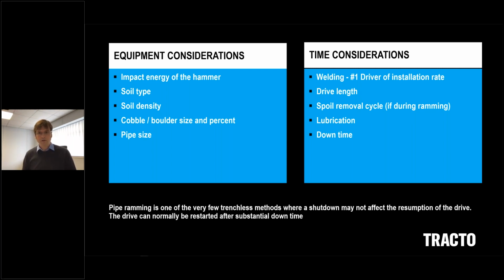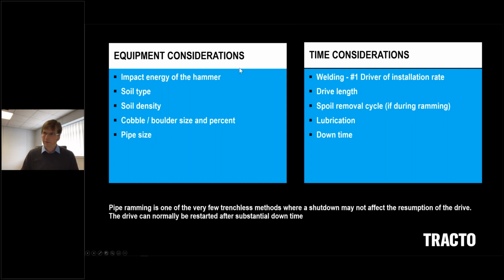Therefore, we cannot ram through solid rock. And secondly, the only pipe material that can be rammed is steel pipe. There's a large number of other considerations to take into account: the soil type, density, whether there are any cobbles and boulders, their size and percentages, and the pipe size that you want to install.